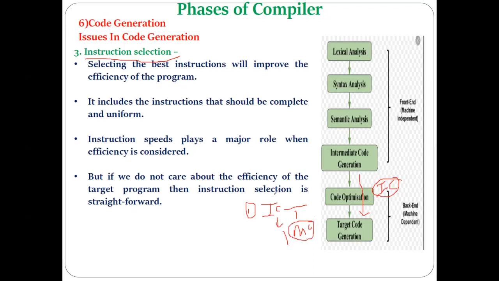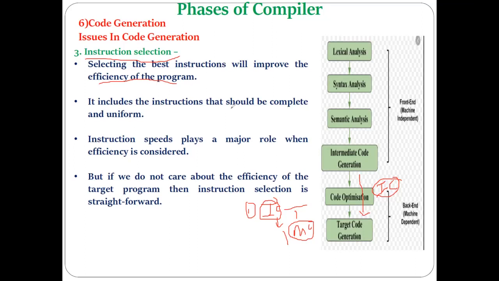So out of these, the target code generation phase has to do the selection, that is, which machine instruction should be selected so that the efficiency of the program will be improved. Understood? That is the reason the issue is here, instruction selection. The proper instruction selection for each intermediate code instruction must be done. Okay. So what kind of things have to be considered when the machine instruction has to be selected?